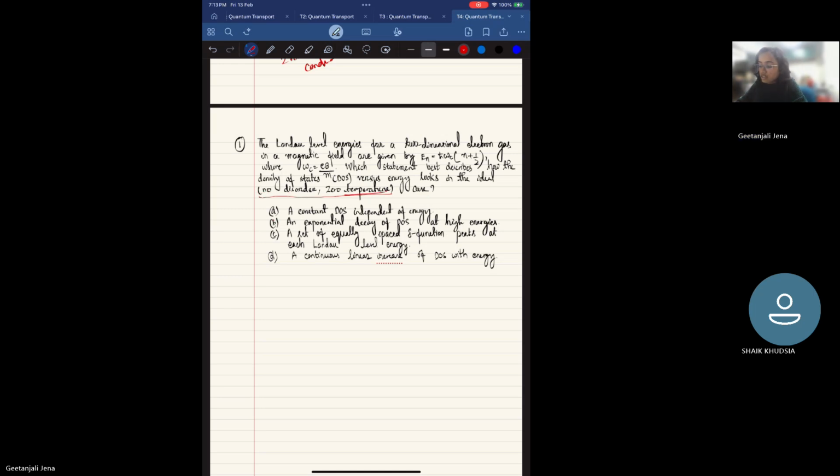Option A, a constant density of states independent of energy; option B, an exponential decay of density of states at high energy; option C, a set of equally spaced delta functions fixed at each Landau level energy; or option D, a continuous linear increase of density of states with energy. Option C. Yes, it's correct.